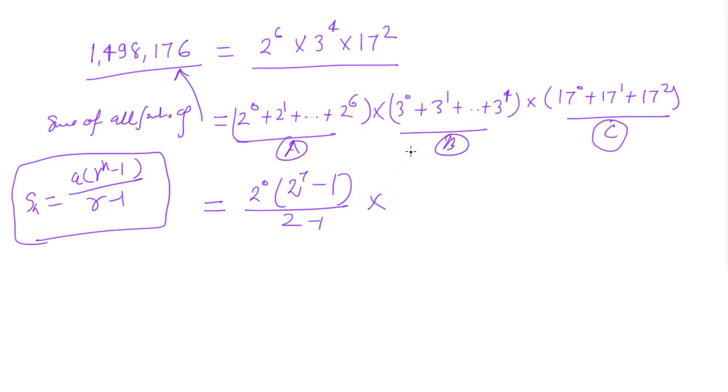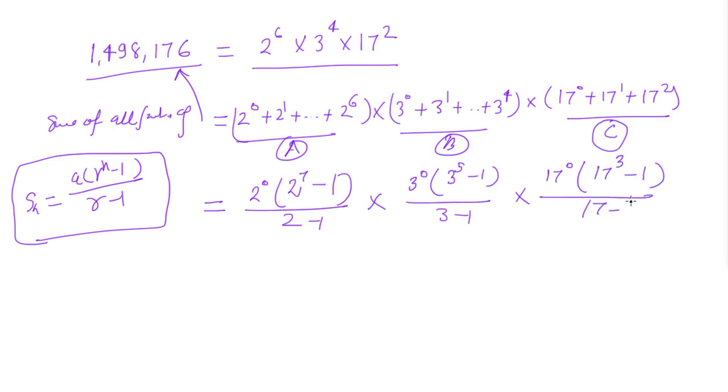For expression B, this would be 3 to the 0th times 3 raised to the power 5th minus 1 by 3 minus 1. And for expression C, using this formula, the first term is 17 to the 0th and the common ratio is 17. The total number of terms gives 17 to the 3rd minus 1 by 17 minus 1.